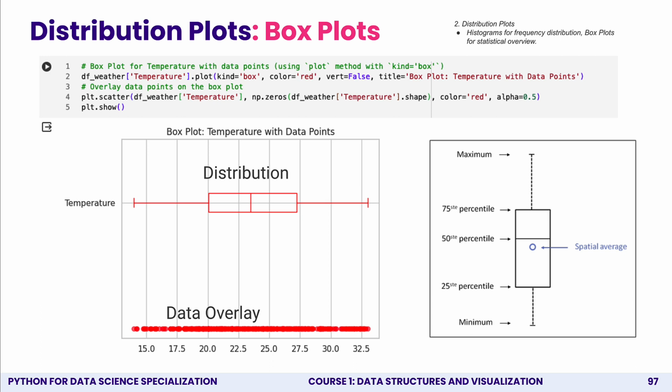Okay, another very important plot is the box plot, or sometimes we call it the whiskers plot. It shows the values between the minimum, the maximum, and the concentration of the values between the 25th percentile and the 75th percentile, and the average value, and you have here the median value.